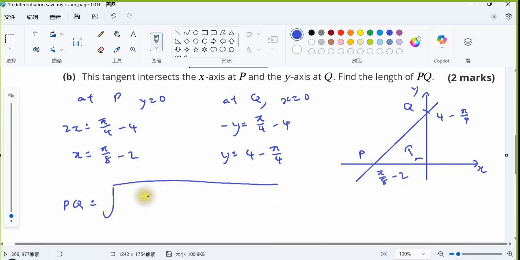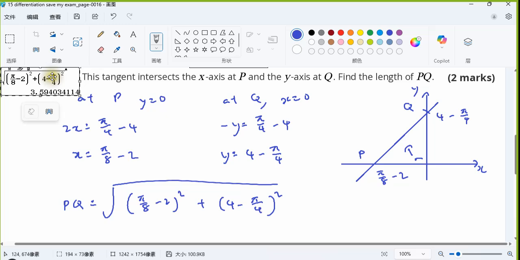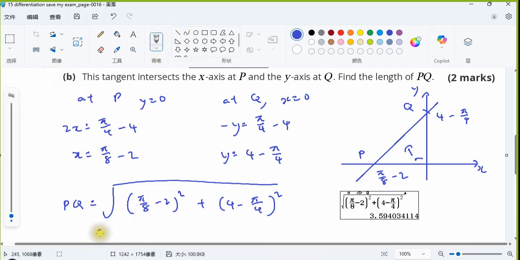So it will be square root of the pi over 8 minus 2 squared plus the 4 minus pi over 4 squared. So the final answer will be 3.59 units.